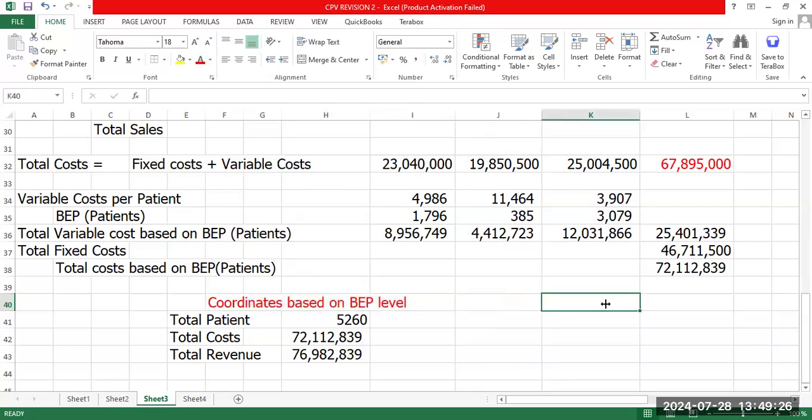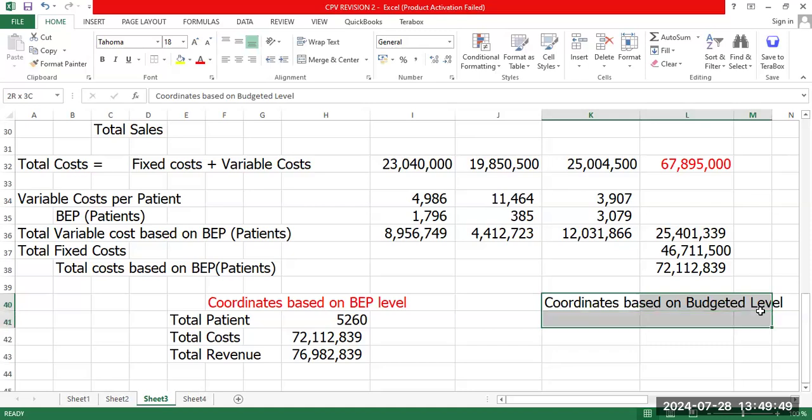You will look for coordinates based on the budgeted revenue.